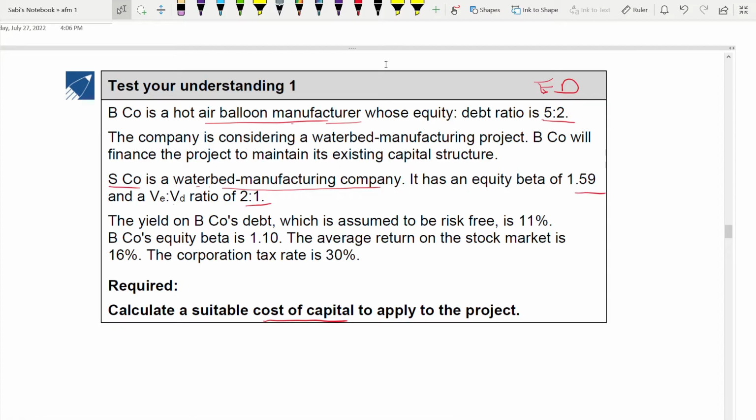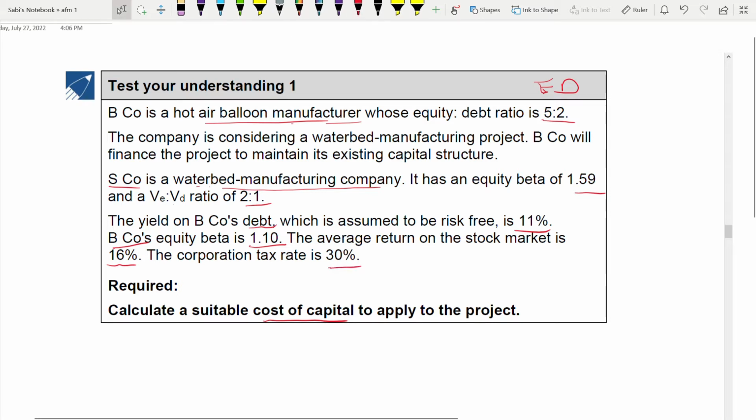The yield on B company's debt, you will be given the debt also because you want WACC, cost of equity as well as debt. So yield on B company's debt, which is assumed to be risk free, is 11%. Equity beta is 1.1 for B company. The average return on the stock market is 16% and corporation tax is 30%.